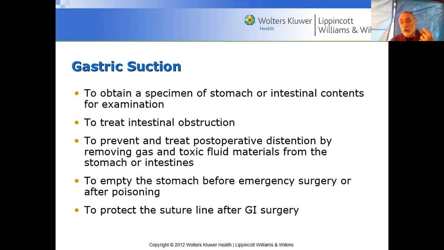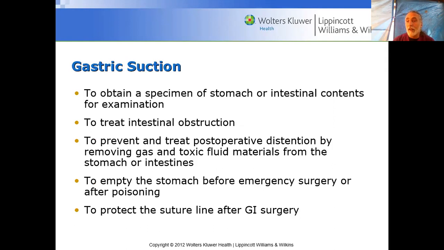So treating the intestinal obstruction means draining, keeping the stomach and upper GI tract empty by applying suction. Post-operative distension. Again, that may be one of those anesthesia complications that we've talked about with surgical procedures, because anesthesia not only puts the patient to sleep, but puts their systems to sleep as well.